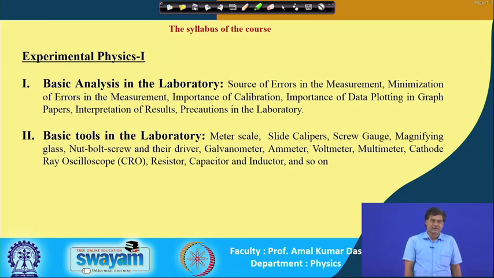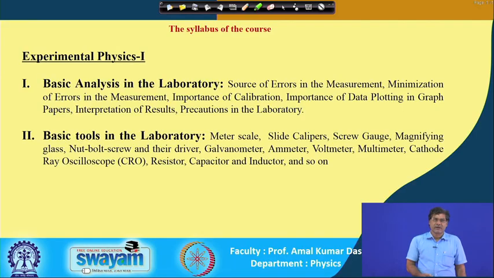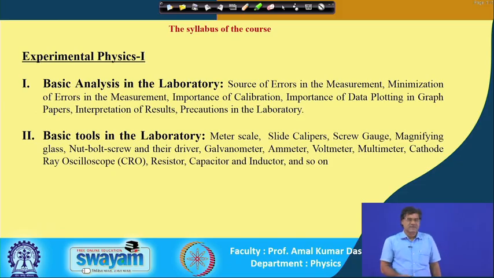I will discuss that, and then we will discuss some basic tools in the laboratory, which you need all the time, for most of the experiments. Those are the meter scale, slide calipers, screw gauge, magnifying glass, nut, bolt, screw and their driver, galvanometer, ammeter, voltmeter, multimeter, cathode ray oscilloscope, that is a CRO, resistor, capacitor, inductor and so on.